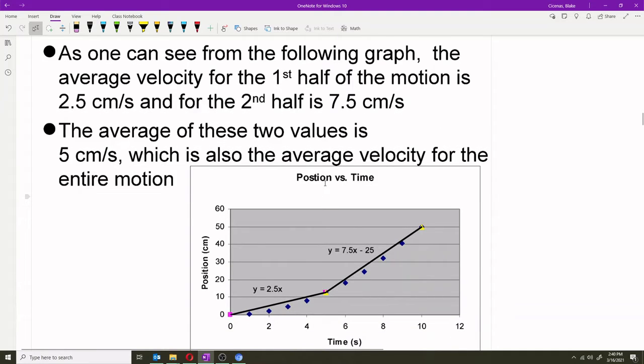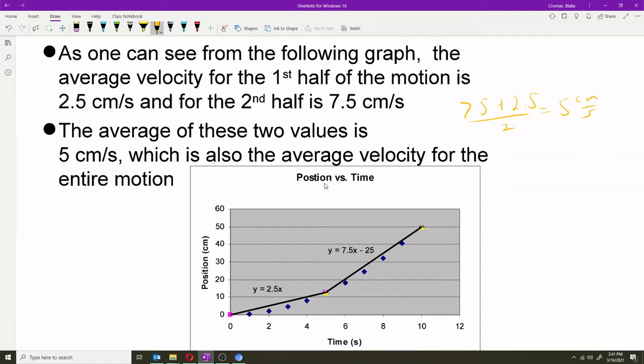As you can see from the graph, the average velocity for your first half is around 2.5 centimeters a second, and for the second half, it's 7.5 centimeters a second. 2.5 comes from the y-intercept. And the fun fact about that is if I take 7.5 plus 2.5 and divide that by 2, I get 5.